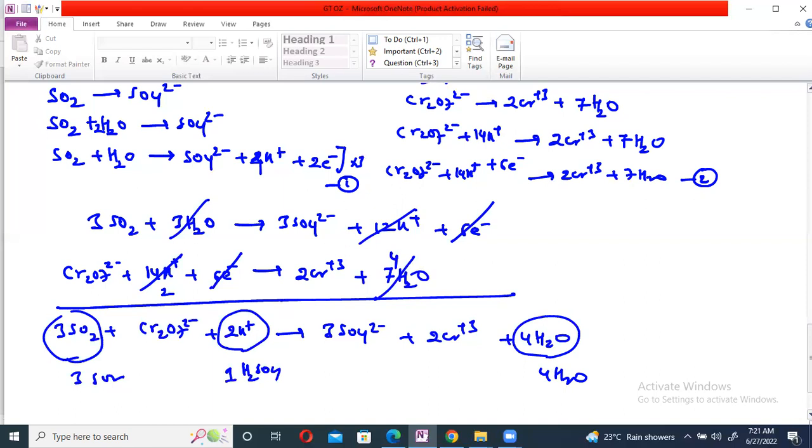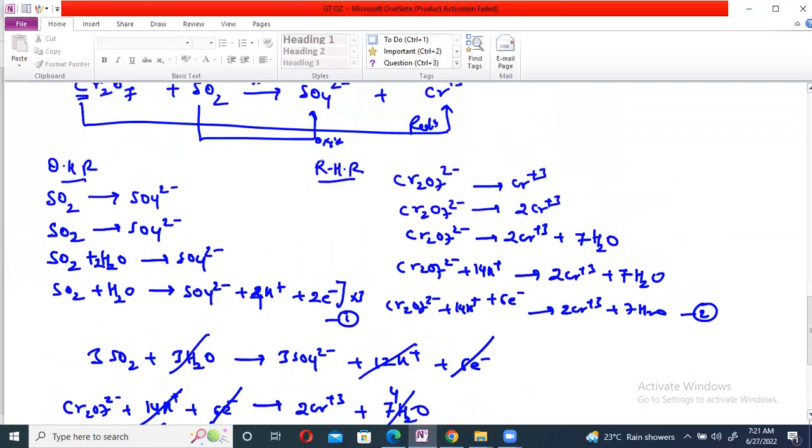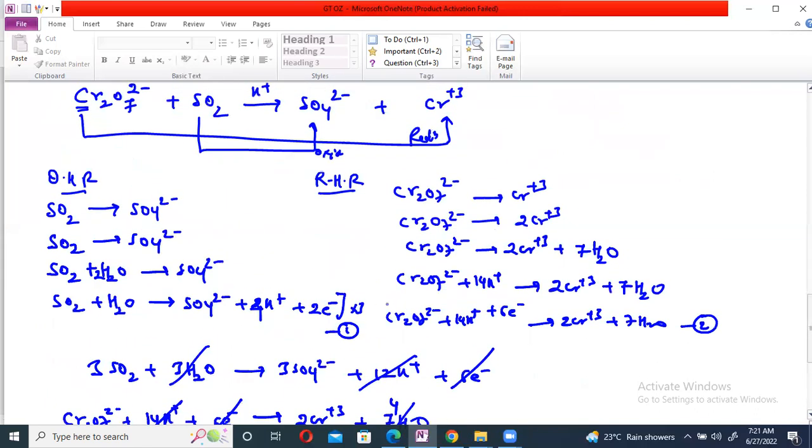So 1 mole of acid, that is X, 3 moles of SO2, that is Y, 1 comma 3, and water molecule. Anyway, once you check it here, because water molecule is here, how many? 7 oxygens are there, 7, 14H plus 14 we kept here.